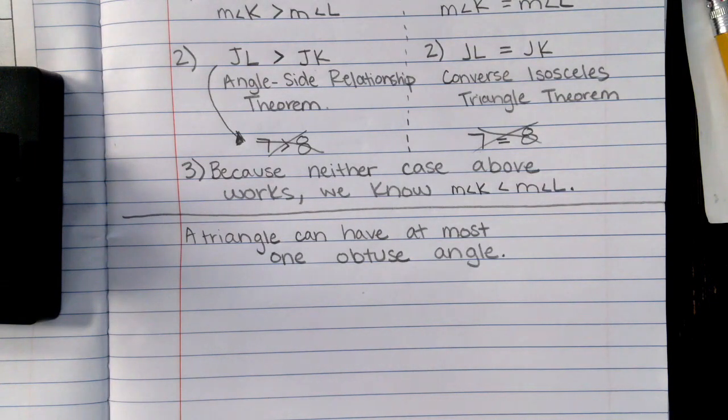What is an obtuse angle? Bigger than 90. So what we want to prove is that a triangle can't have more than one angle bigger than 90. So if I draw an obtuse angle, now I want another obtuse angle. Here's like my 90. I'd have to go more than that, so it's going to have to go this way.